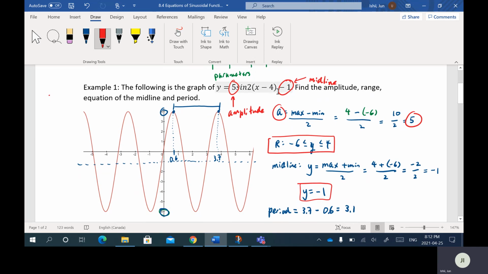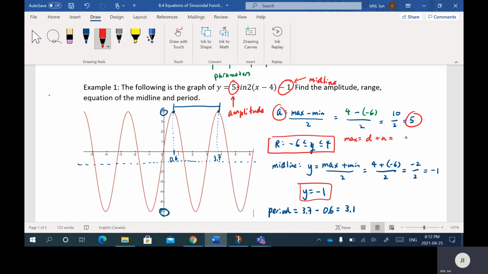So if I know the midline and the amplitude, then I can find the range. To find the maximum value, if I take the midline, which is d, and add the amplitude, I should get the maximum.